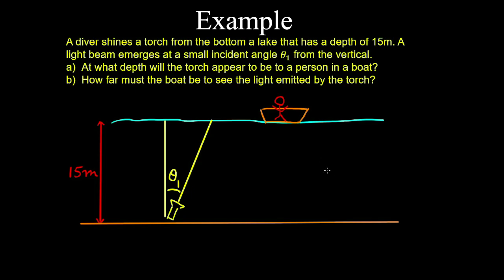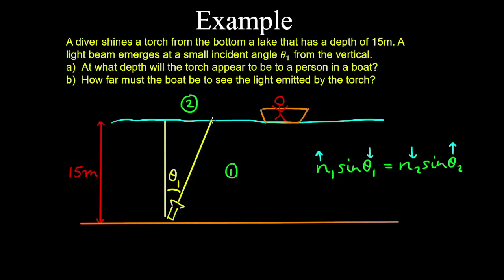We'll recall Snell's law, which states that the refractive index of medium 1 by the sine of the incident angle is equal to the refractive index of medium 2 by the sine of the angle of refraction. So we know that water is denser than air, so the angle of incidence will be lower than the angle of refraction.